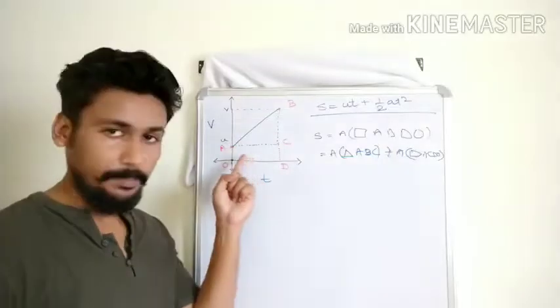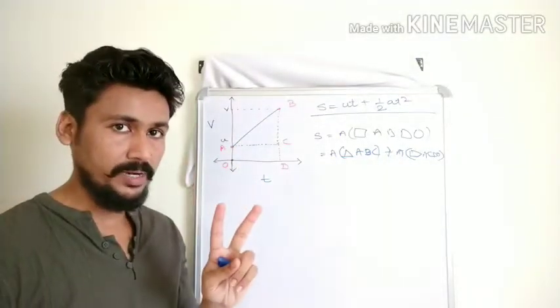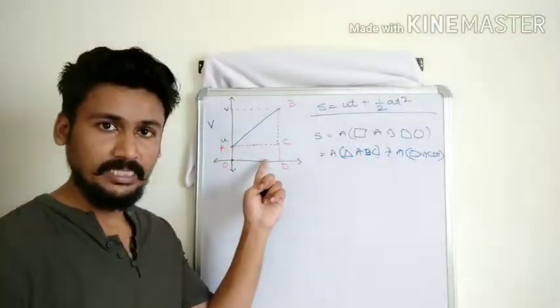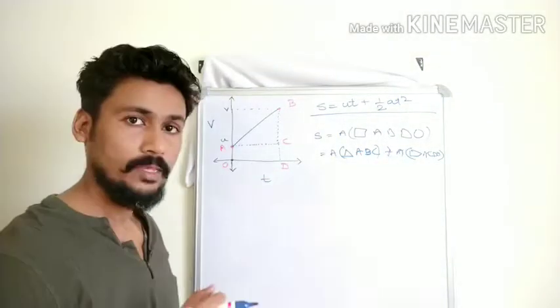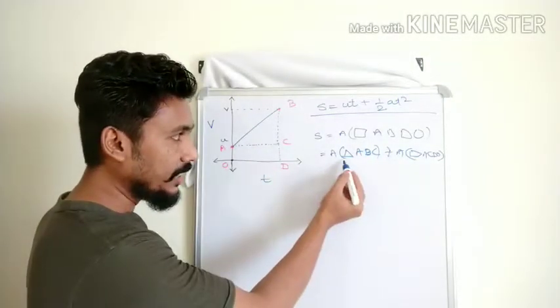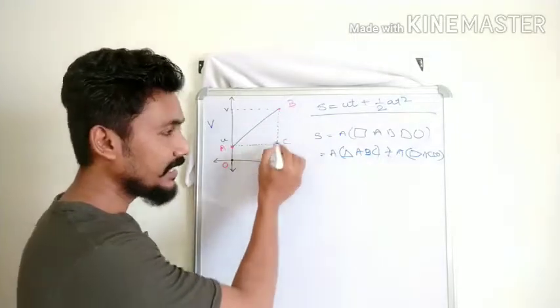We are treating this trapezium as actually two geometric shapes, one a triangle and the other a rectangle.